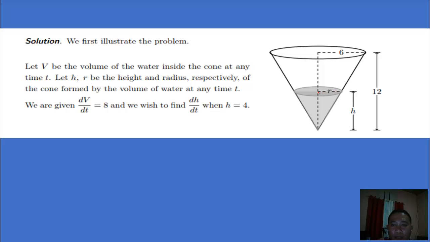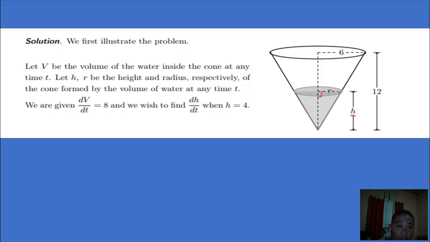Makikita natin, may makita na naman tayong dalawang right triangle, which is similar. Ayan. So, this is the radius of our water and this is the radius of our cone. Alam natin, ang question dito is how fast is the water rising? Okay. Malaking cone na lalagyan ng water. Ito yung height ng water. And we know that this one is 4. Diba no?